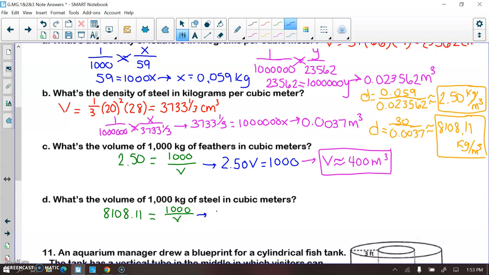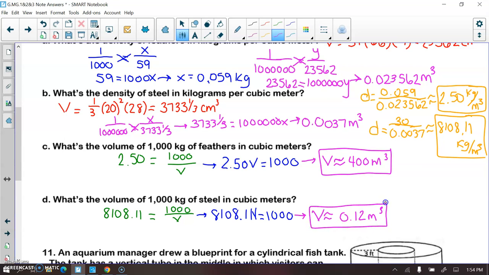Same thing, I'm going to multiply both by V. And then dividing both sides, I would get my volume is approximately equal to 0.12 meters cubed. All right.